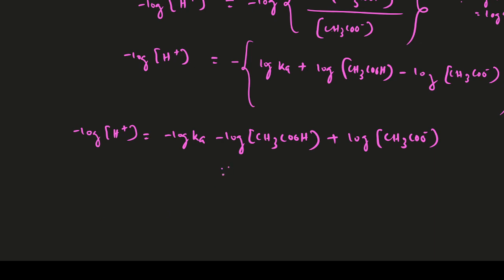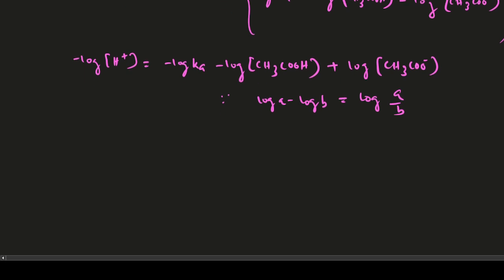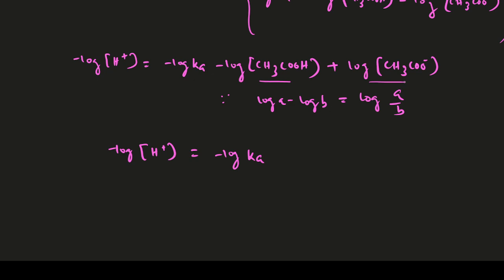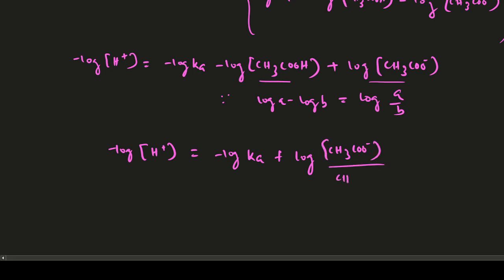Okay, and we know that log A minus log B can also be written as log A by B. So I write minus log H plus concentration equal to minus log Ka plus log, because this is equal to this, so that's why I write like this.